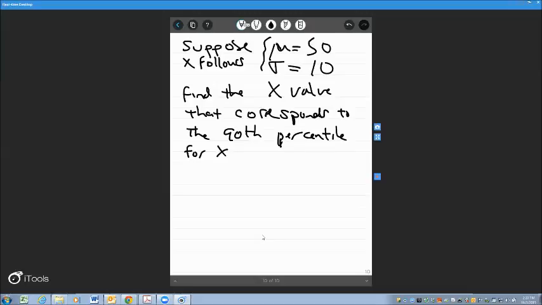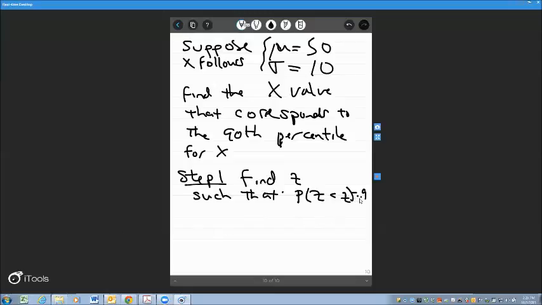Well, the first step is find z such that the probability of z being less than little z is 0.9. In other words, I want to do like I just did with my other two examples, but look in the body of the table for 0.9.